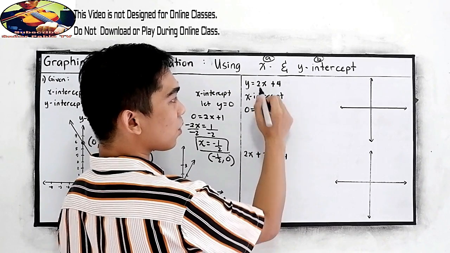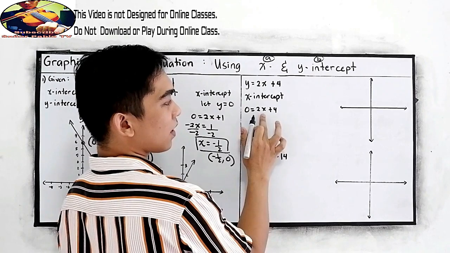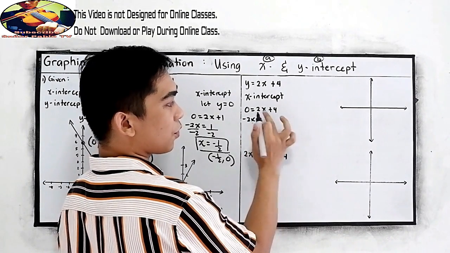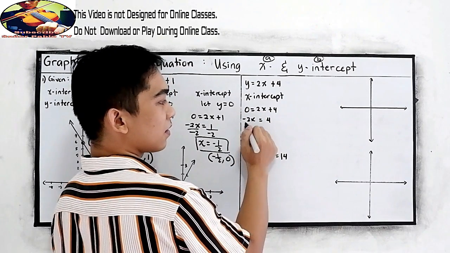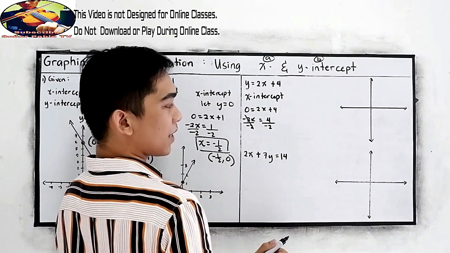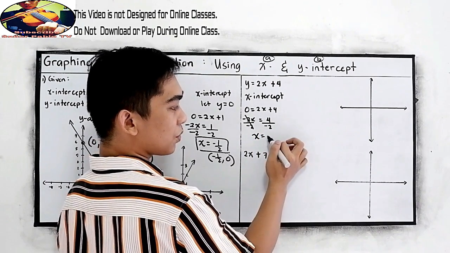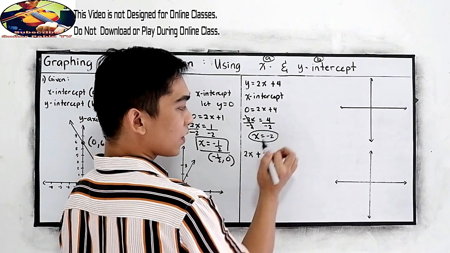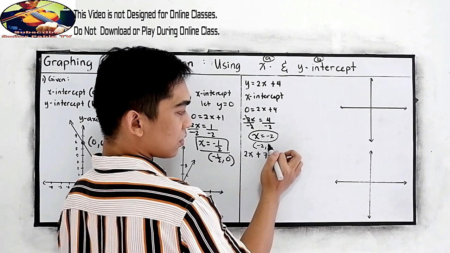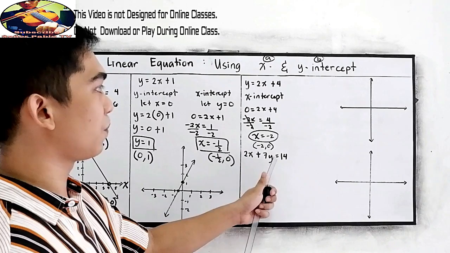So 0 is equal to 2x plus 4. Addition property of equality, so negative 2x is equal to 4. Divide by negative 2. X is equal to 4 divided by negative 2, negative 2. So our point is negative 2, 0.